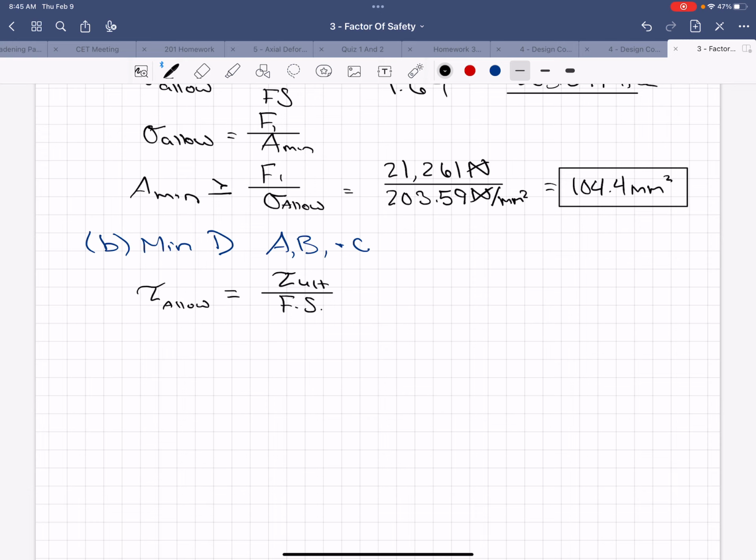That is 270 megapascals all over the factor of safety of 2.5, and we get an allowable shear stress of 108 megapascals. Okay, so now we're going to look at pin A, which is in single shear.